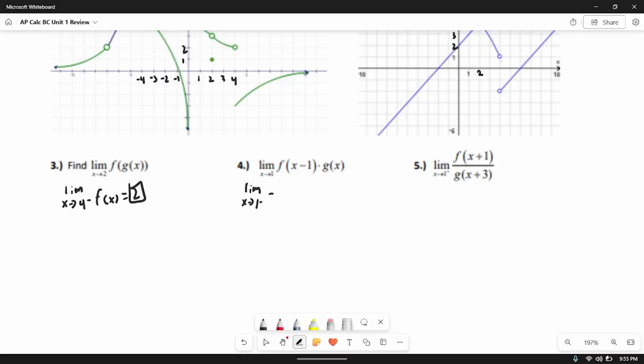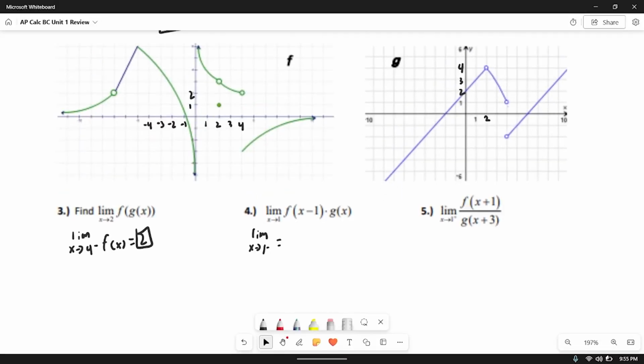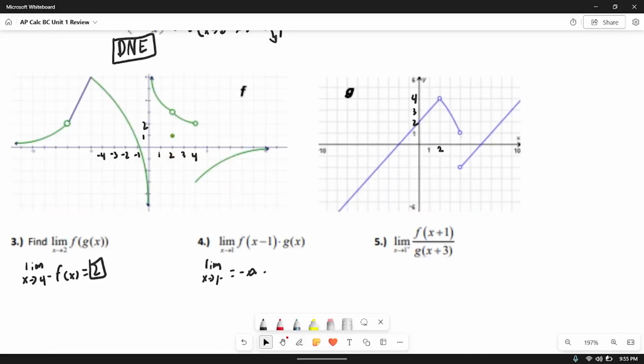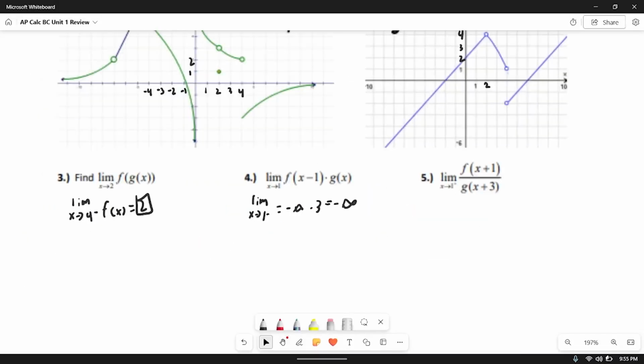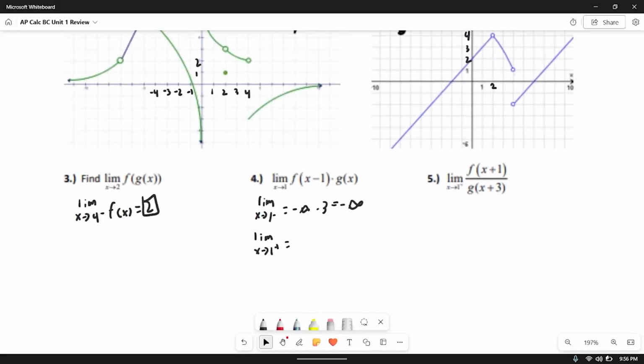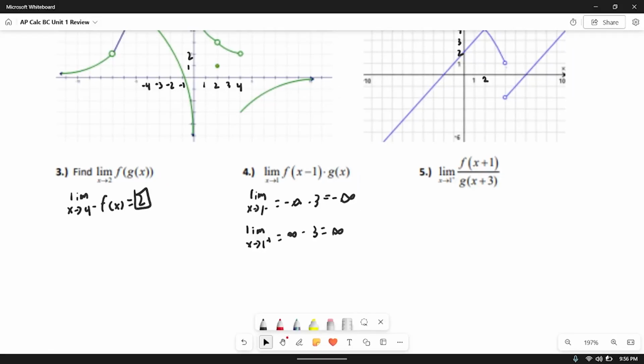So the limit as x approaches 1 from the left side is going to be negative infinity, times g of x, which is 3, which equals negative infinity. And then if we check the limit as x approaches 1 from the positive side, that's going to be positive infinity times 3, which is positive infinity. And obviously infinity does not equal negative infinity. The limits approach different things from both sides, so this is DNE.